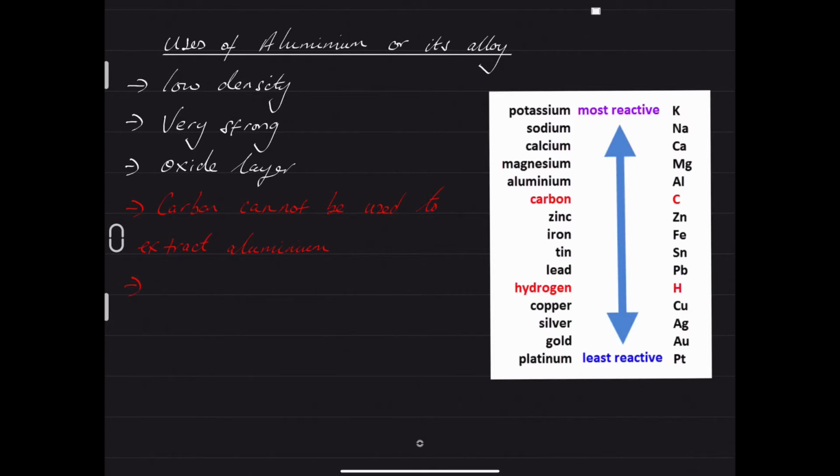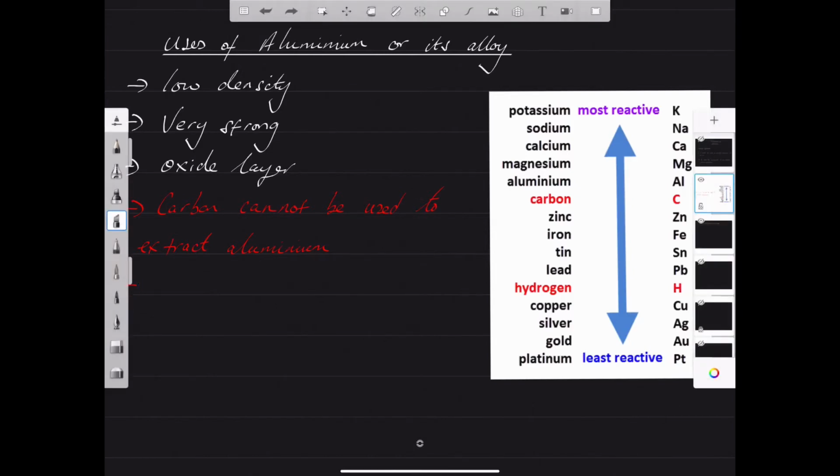So let's put that into steps here. Carbon cannot be used to extract aluminium. Aluminium exists in its ore state, which is known as bauxite. It is this bauxite that is purified to aluminium oxide.